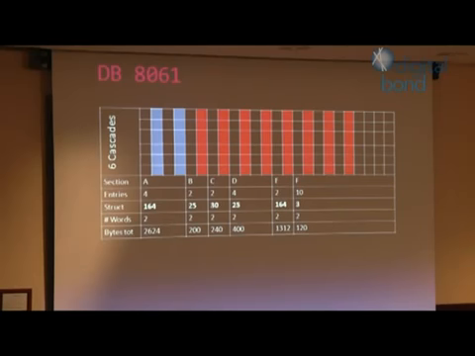Anyway, by analyzing how the attack code accesses DB8061, we know how this data block is structured. And this is what you see here. Again, we have 6 big arrays, which would correspond to 6 cascades.